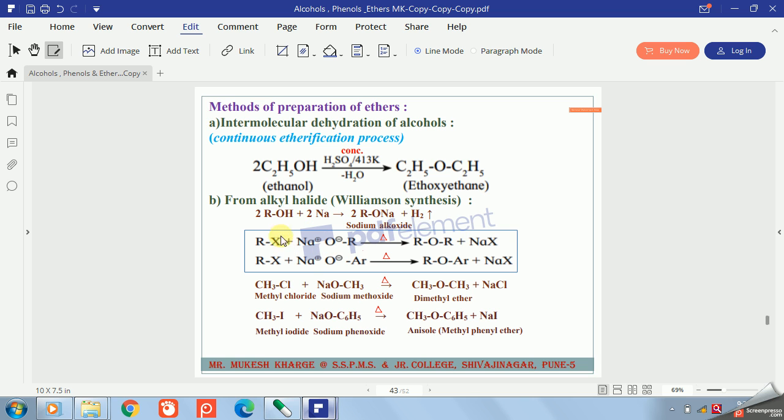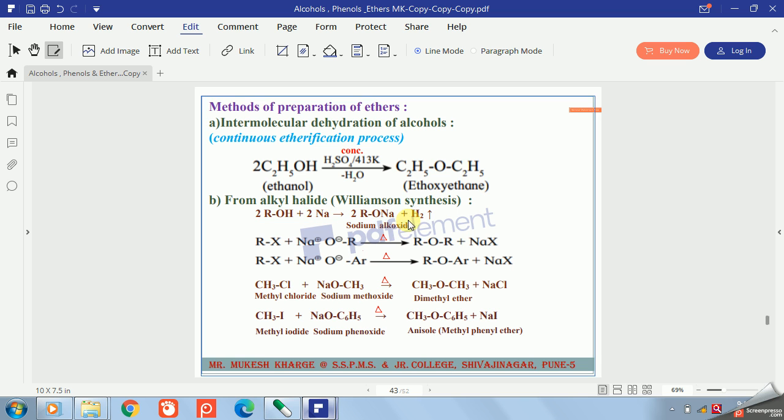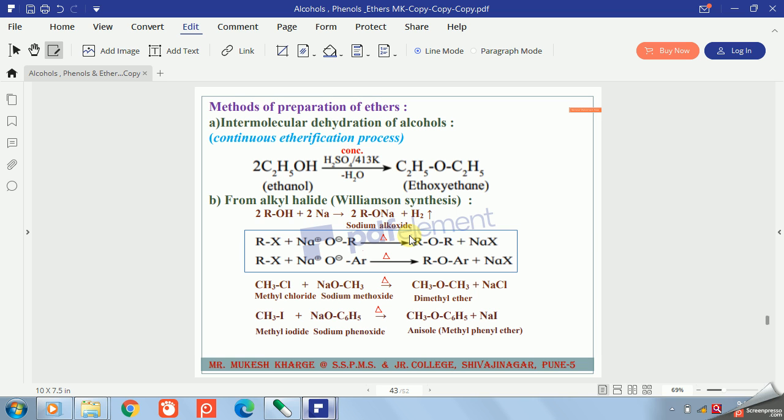First your alcohol reacts with sodium metal, then this hydrogen gets replaced by Na, and if you take two molecules, one hydrogen combines with another hydrogen and goes away as H2, and what is left behind? RONa, that is called sodium alkoxide.